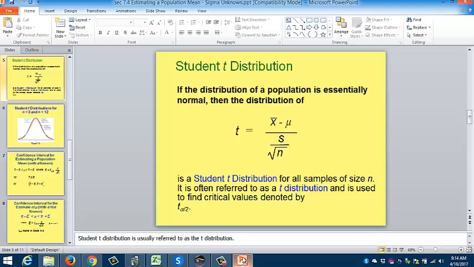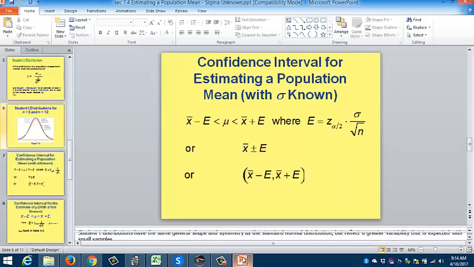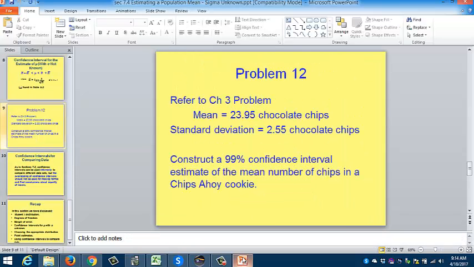So, they want me to find t alpha over 2 when I do one of these problems. So I have one picked out, and then we'll go from there. Oh yeah, problem 12 from this homework. It says, refer to the chapter 3 problem. The mean, so remember we were doing the chocolate chips? We showed you guys that one, right? Pick up Chips Ahoy. How many chips are in it?